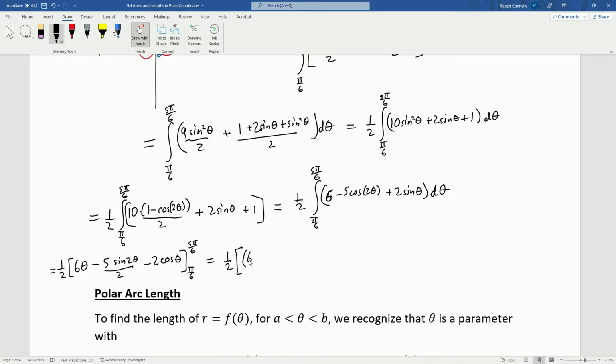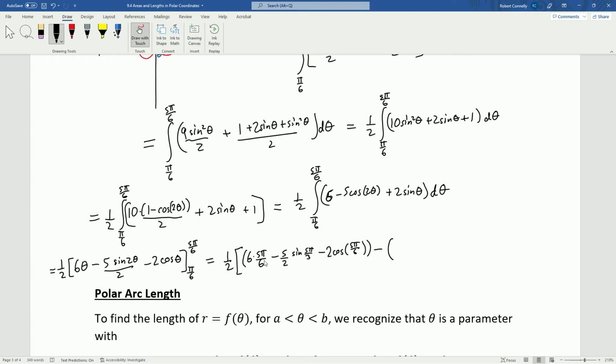Okay, so this gives us 6 times 5 pi over 6 minus 5 halves times sine of 10 pi over 6, which is 5 pi over 3, minus 2 cosine of 5 pi over 6, minus the whole thing evaluated at pi over 6.